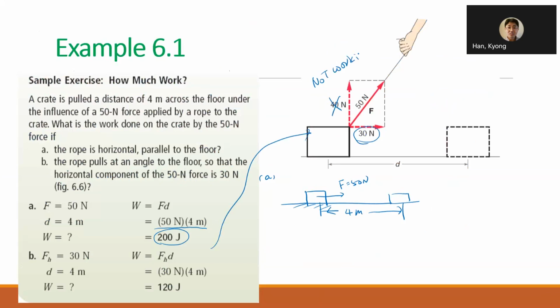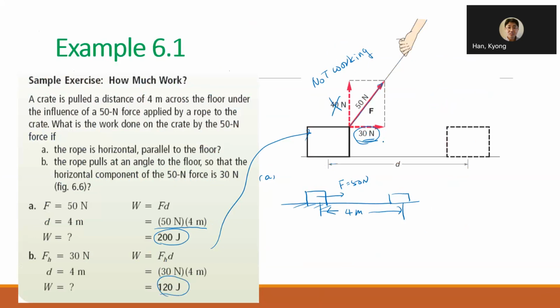Work sometimes can be a noun, sometimes a verb. Only this component does work, because as I mentioned, the vertical component doesn't do work, only the horizontal component does. Even in this angled case, we have to decompose the force. The horizontal is 30 Newton, the vertical is 40 Newton, but only the horizontal component does work. That's why we can write work equals the horizontal component times the displacement D. 30 times 4 is 120 joules.